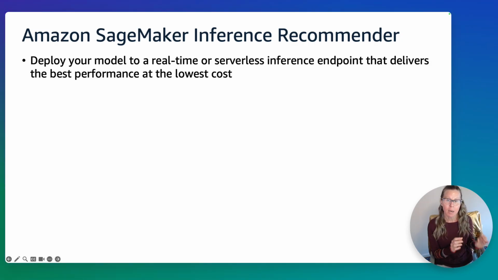Inference Recommender helps you select the best instance type and configurations such as instance count, container parameters, and model optimizations, or serverless configurations such as max concurrency and memory size for your machine learning models and workloads.